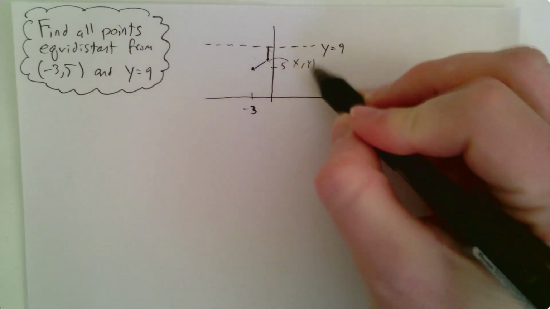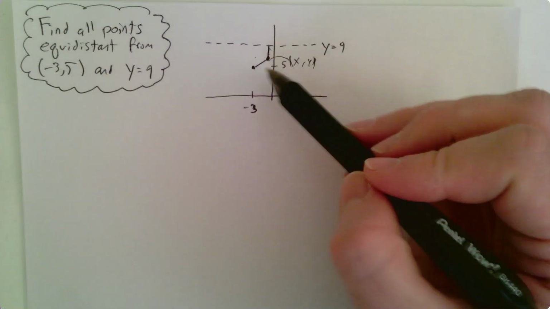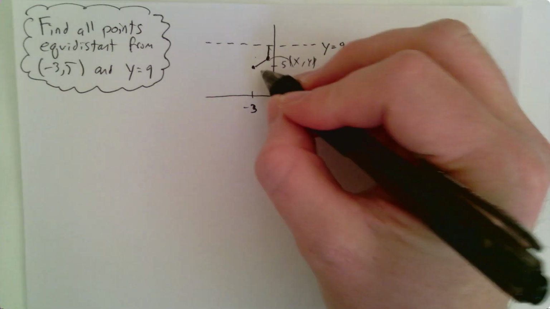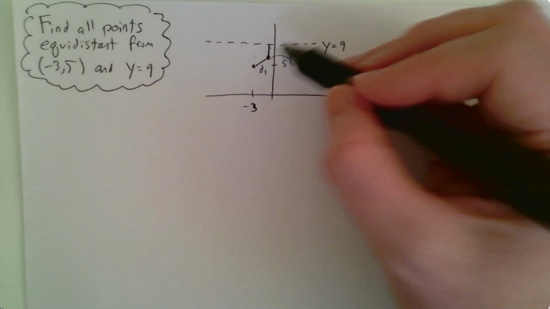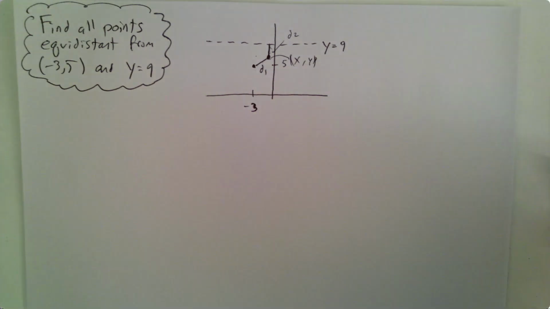But we can see that this is a more representative point of all of the points that satisfy the condition, because calculating this distance 1 here, it's a diagonal line, so we're going to use something like the distance formula, whereas this distance 2 is always vertical. So that'll just help us set up the equations right.